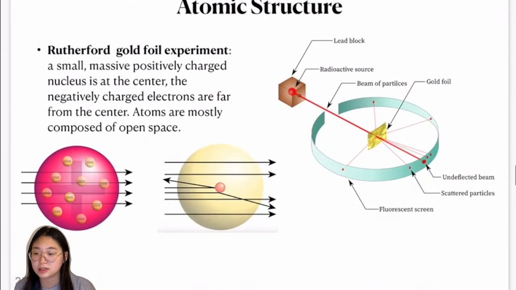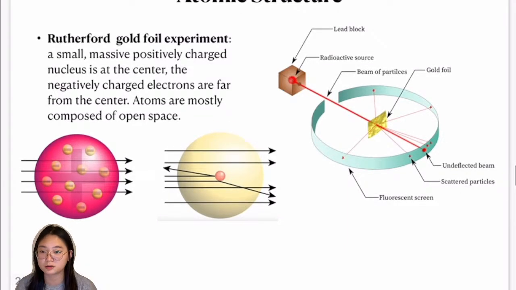It's Rutherford. Rutherford conducted a really famous experiment in the history of chemistry. This is one of the most important and one of the most well-known experiments ever in the history of chemistry. It's called the gold foil experiment. He got a very thin layer of gold foil, as thin as paper or even thinner.